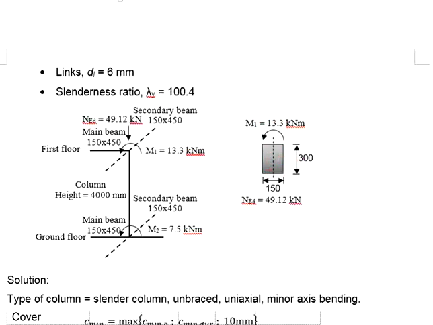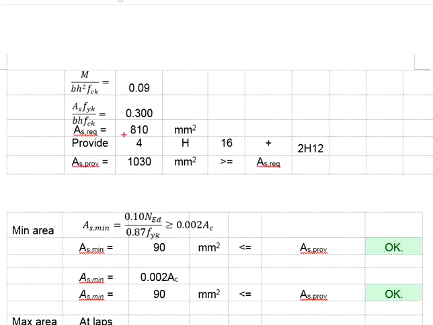If you put that 2H12 here, that means these two reinforcement bars contribute nothing to the rotations in the minor axis. In this case, even though you add up 2H12, as far as the minor axis is concerned, that 2H12 is not functional, which will lead to failure of the column. Your provided AS is insufficient without this 2H12.